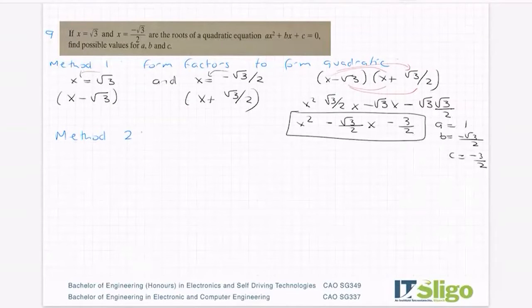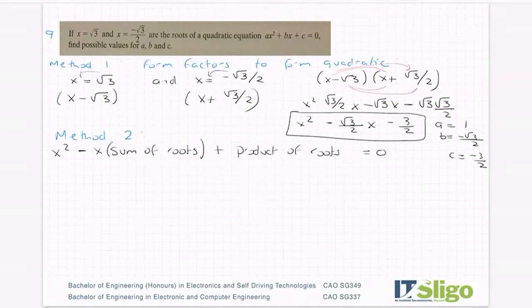Okay, so any quadratic can be formed from x squared minus x times the sum of the roots plus the product of the roots, and that's equal to 0. Okay, so let's find the sum of our roots. Sum means add. So my roots are root 3 plus minus root 3 over 2.